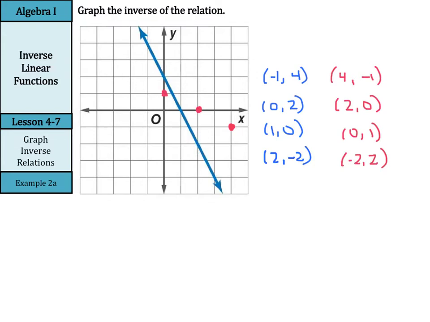And (-2, 2) is here. And it does, luckily, form a line. It goes through those points. Arrows at the end of our lines. And there's our inverse graph.